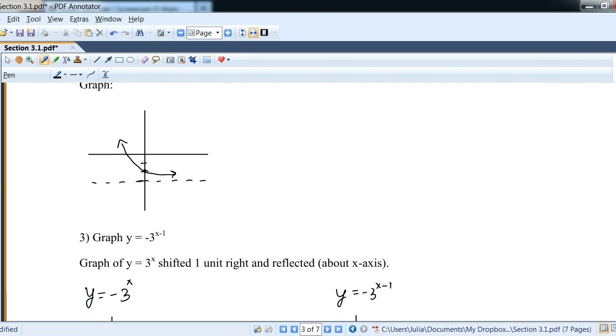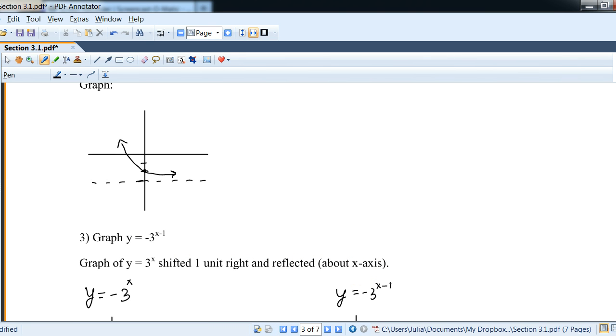Okay. All right, what about the next one? What if we have y equals -3 to the power of x minus 1? So whenever we have the negative on the front, in addition to the shifts, we also have reflection. So note how we have it still shifted 1 unit to the right, together with the exponent, but it's also reflected about the x-axis.